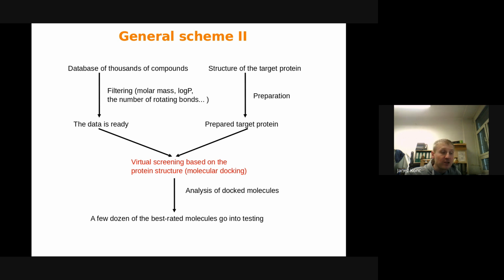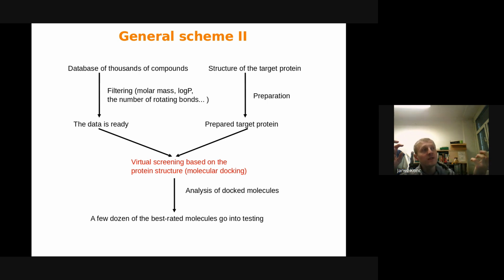Another form of virtual screening is so-called structure-based virtual screening, where we are better off immediately from the start, because we have the structure of a protein already available. This is called structure-based virtual screening because we know the structure of the protein that we want to target. This is the so-called target protein.